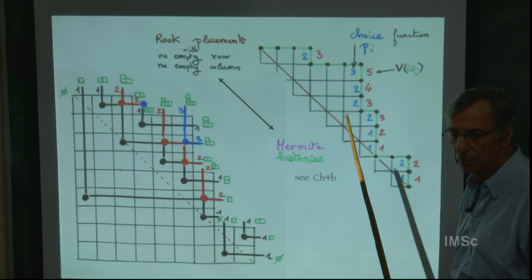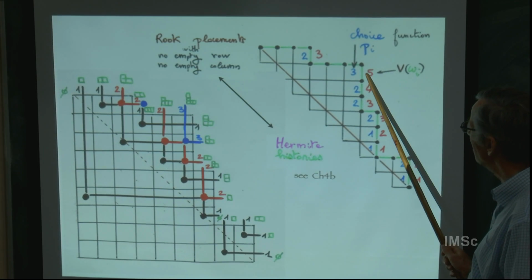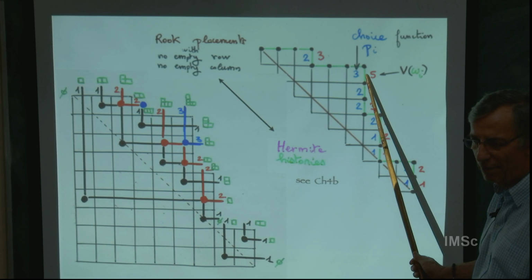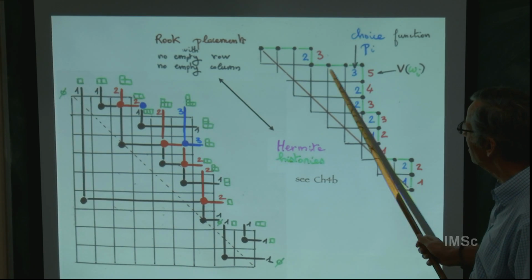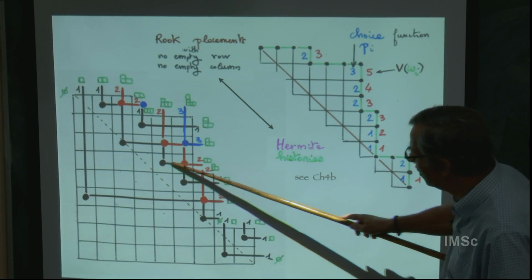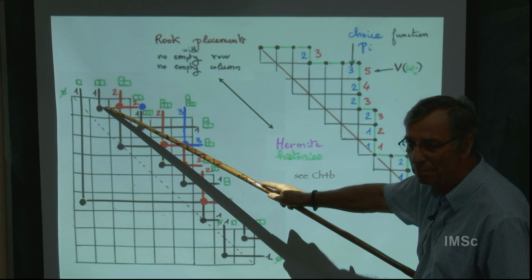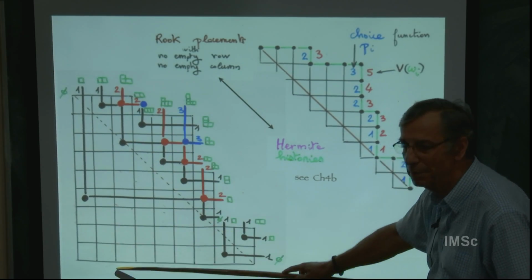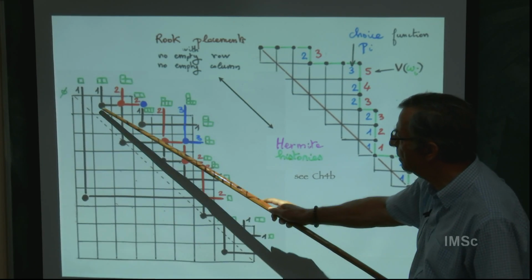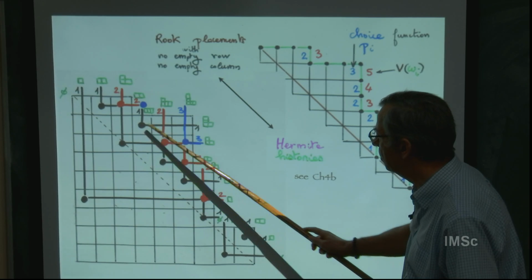Now for this one, I claim that the possible number of choices is 5. 5 is a number, it's not the length of all this row. Because once I have put the black point, this column is forbidden. So the number of possible positions is 1, plus 2, plus 3, plus 4, plus 5.